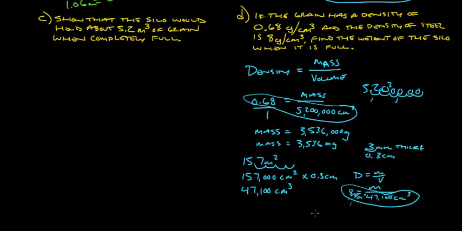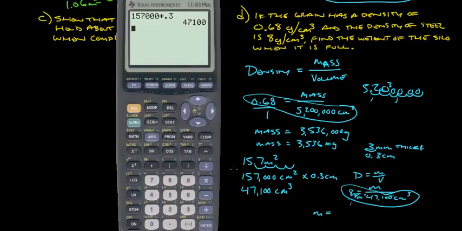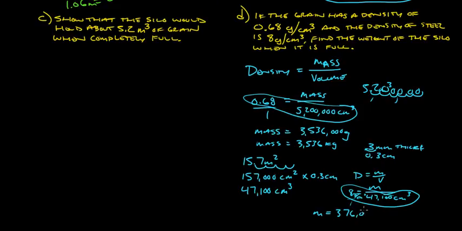So the mass is going to be 8 times 47,100, which gives us 376,800. And that is going to be grams. So we move that back over 3 spots to get back to kilograms. So mass is 376.8 kilograms, right?